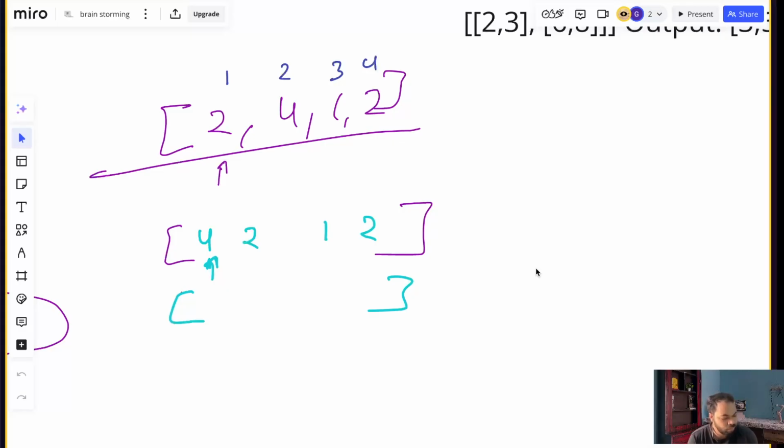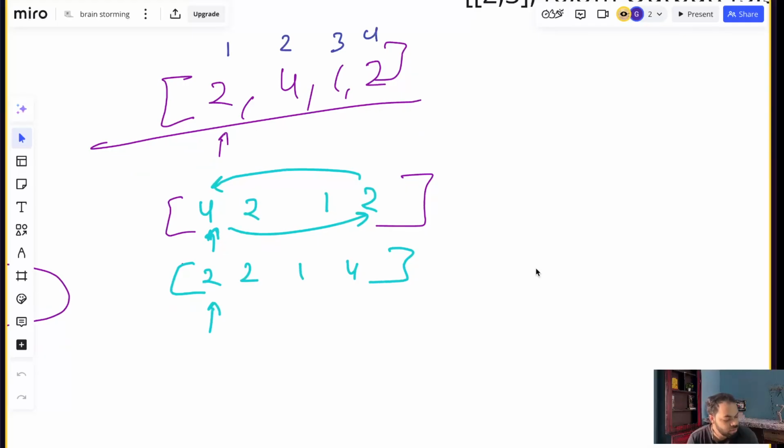So it's 4. Now I'll push this at 4, and then this 2 will come here, and this 4 goes there. 2 2 1 4. Index is still here. So then you will see the condition is clear, right?